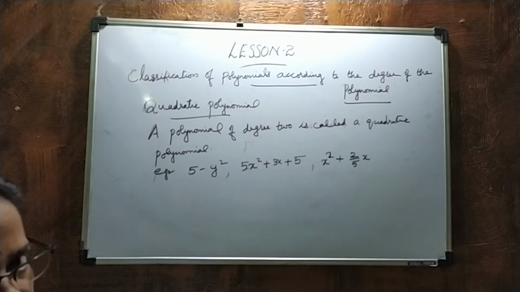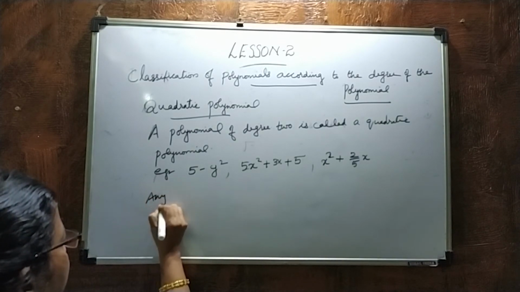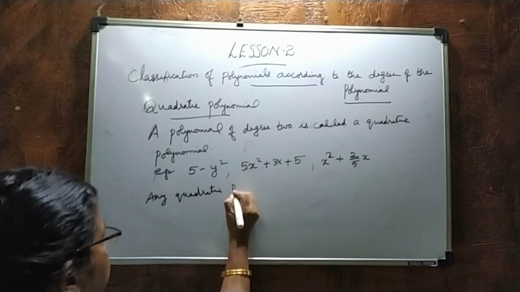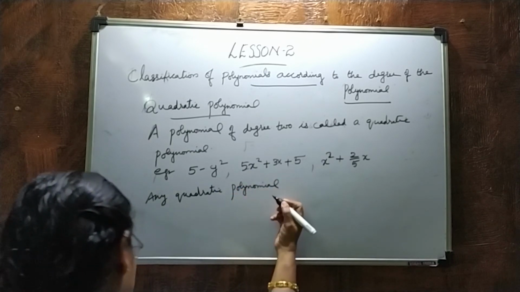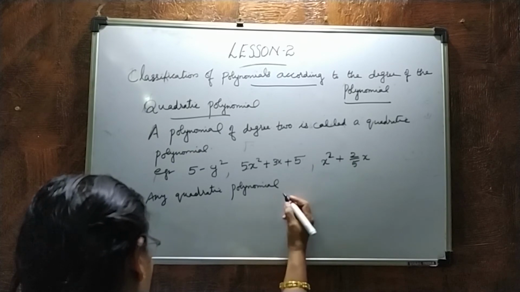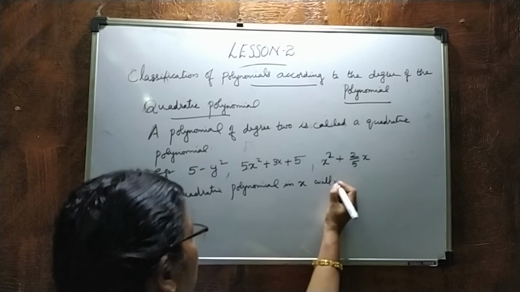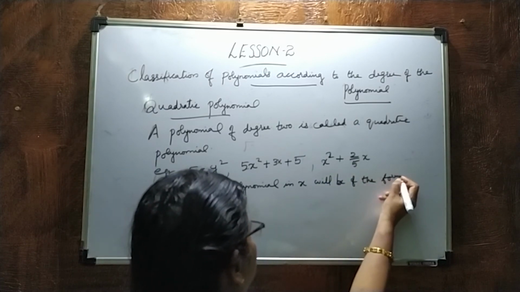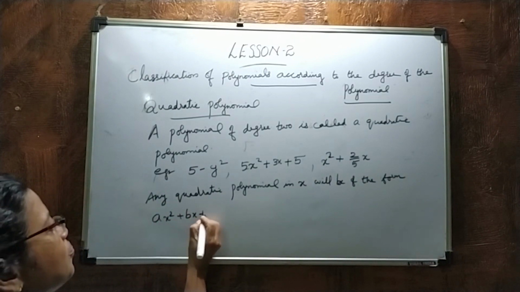And one form is there, that also you should know about it. Any quadratic polynomial in x will be of the form ax square plus bx plus c.